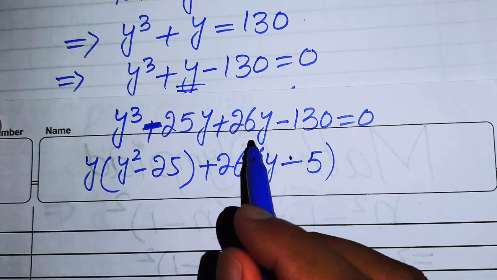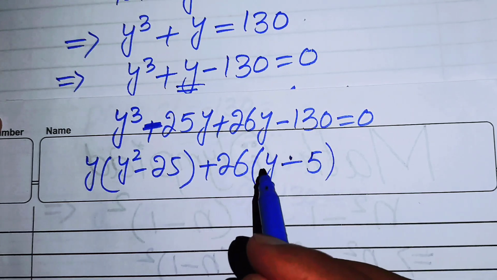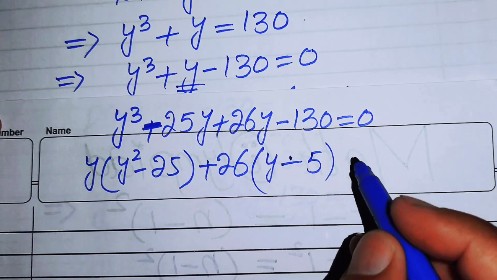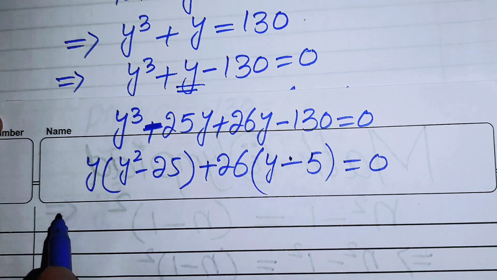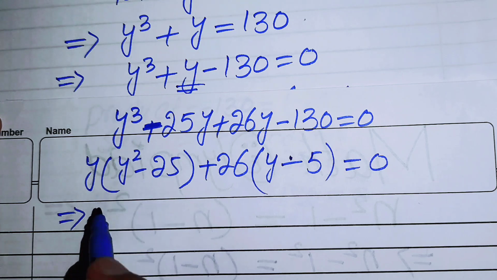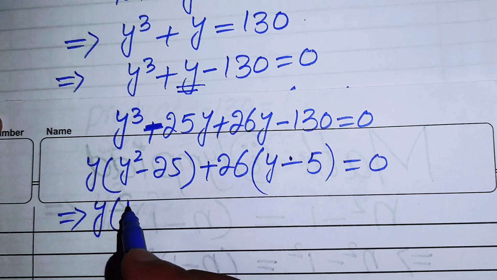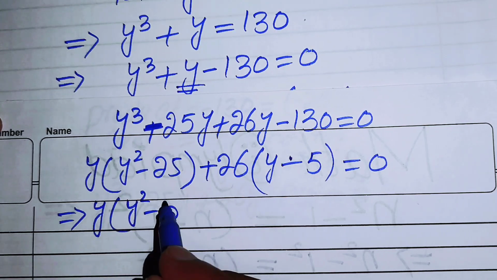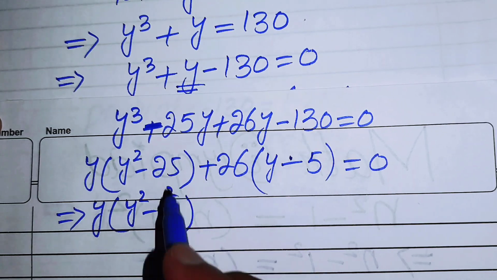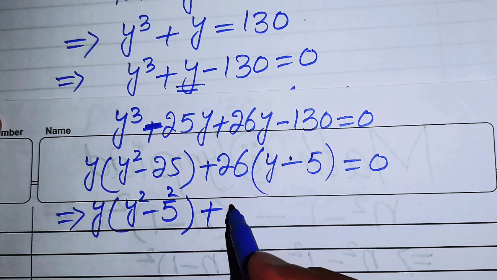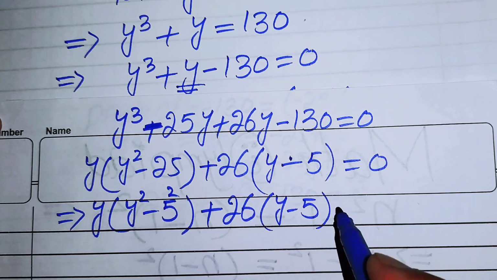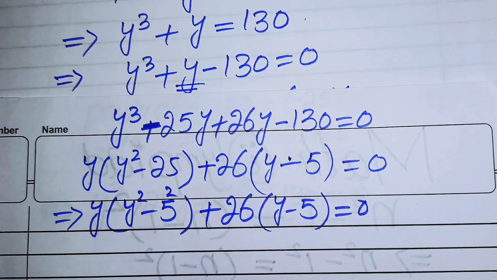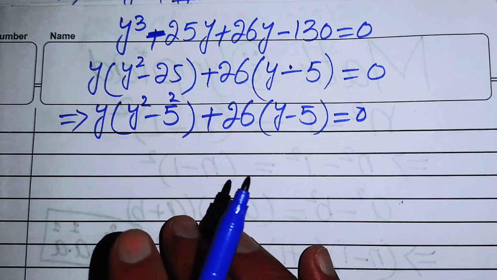So y minus 5, and this whole is equal to 0. After this step we can use a formula. First I can write this as y squared minus 5 squared, we can write 25 as 5 squared, plus 26 times y minus 5, and this whole term is equal to 0.